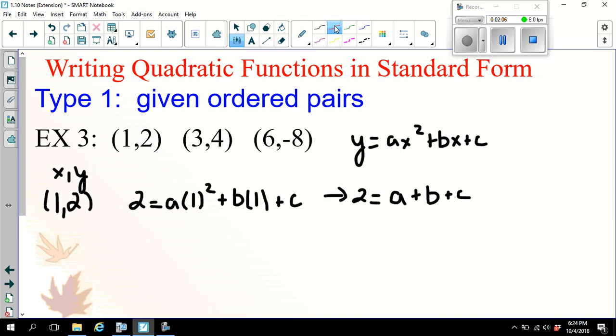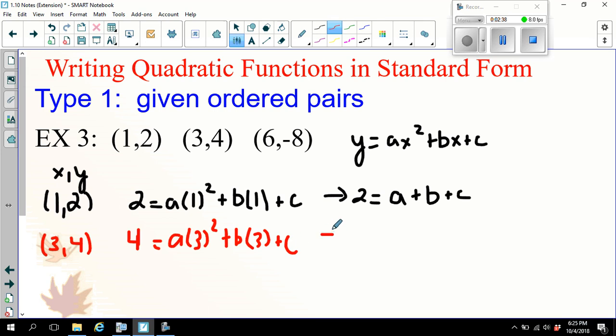Okay. Now we do the same thing for our 3, 4. So 3 is our x value, so we plug that into our standard form every single time we see x, and then the 4 will go into the y position. So here we have 4 equals a times 3 squared plus b times 3 plus c.